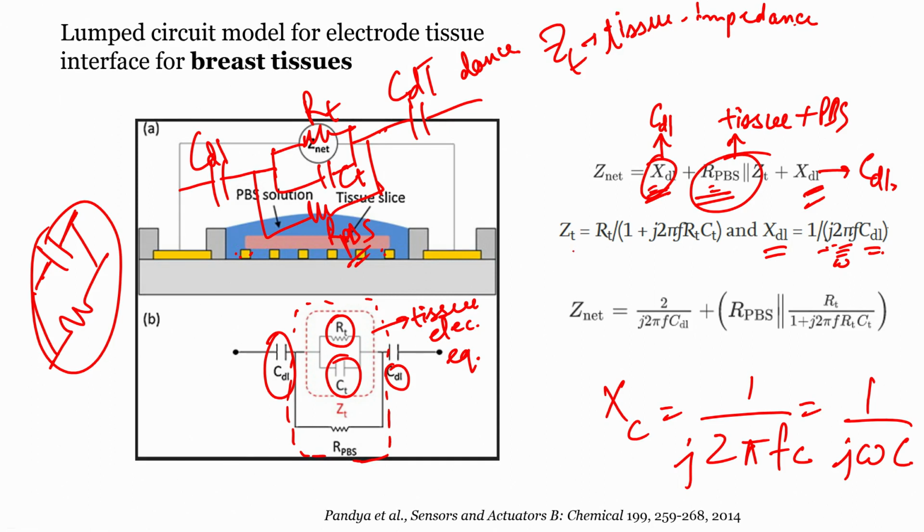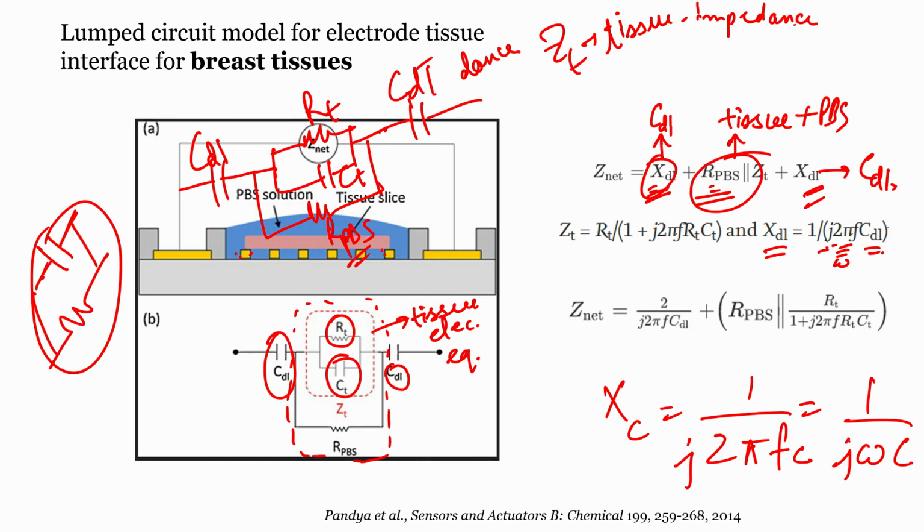Now Zt. Zt is the overall impedance of the tissue. This is the overall impedance of the tissue by itself. It is not in contact with the electrode. That's why I am just trying to make things clear in terms of electrode tissue interface impedance and tissue impedance alone. There are two things.